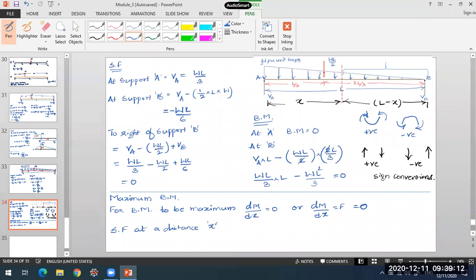If anything is not clear in this part, please ask me, unmute yourself and ask me. I want to find the maximum moment. For that, the first thing we have to do is find the point where shear force is zero.